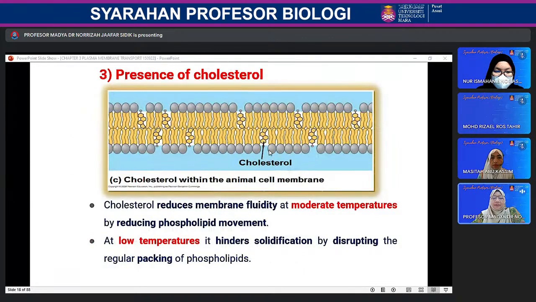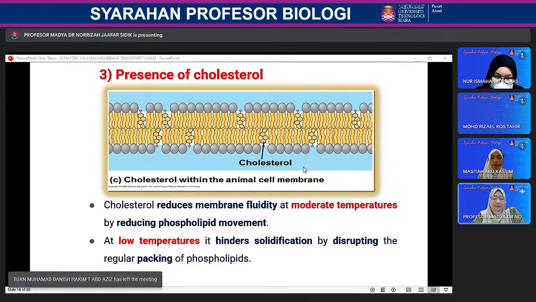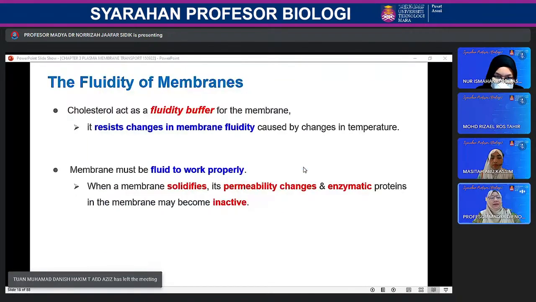Here it shows the cholesterol within the animal cell membrane. It reduces the membrane fluidity at moderate temperatures by reducing the phospholipid movement, right? And at low temperature, it hinders solidification by disrupting the regular packing of the phospholipids.